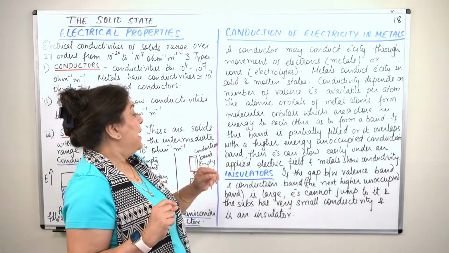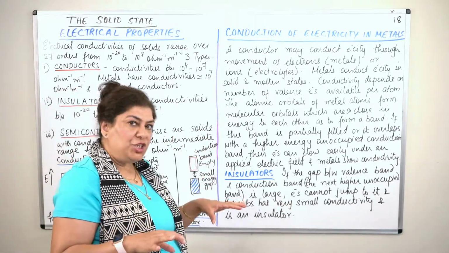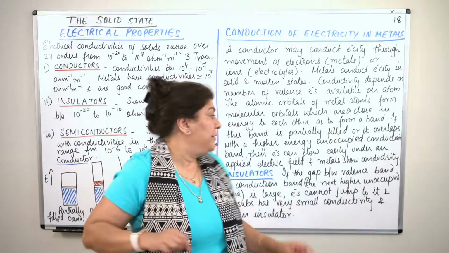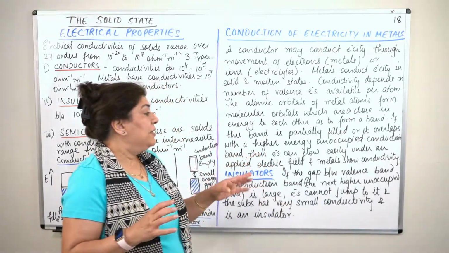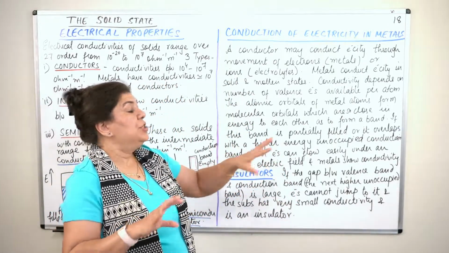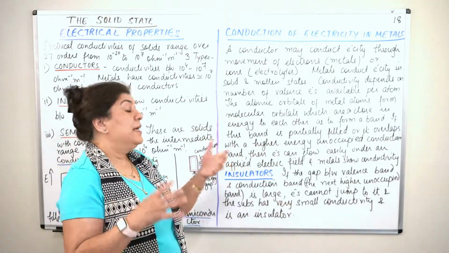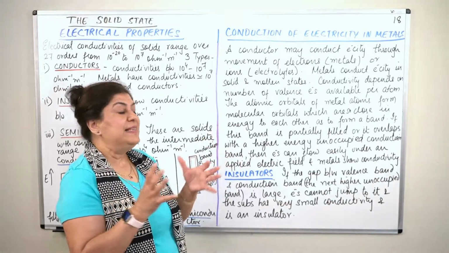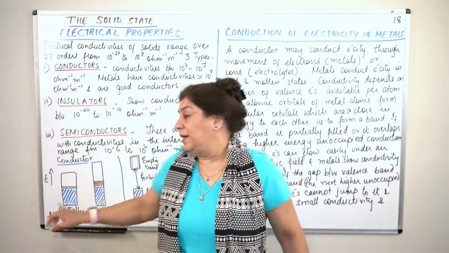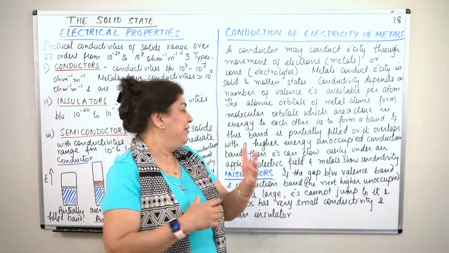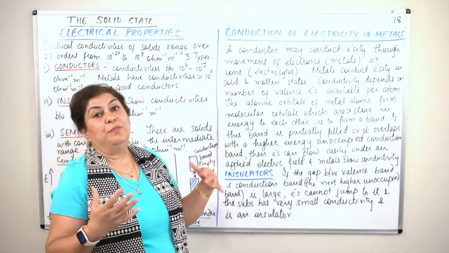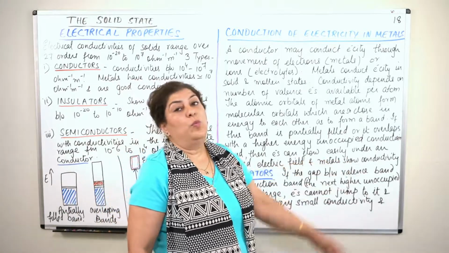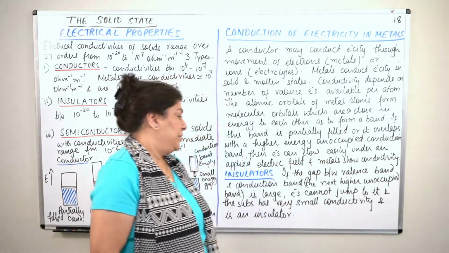If this band is partially filled or it overlaps with a higher energy unoccupied conduction band, then electrons can flow easily under an applied electric field to the conduction band. And since they can flow easily, metals can conduct electricity. So that is the reason why metals show conductivity.